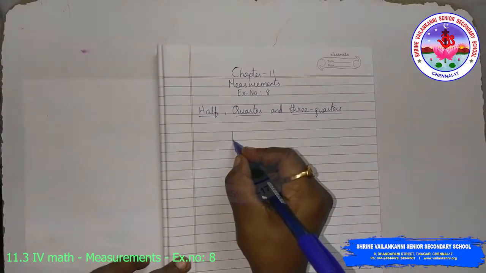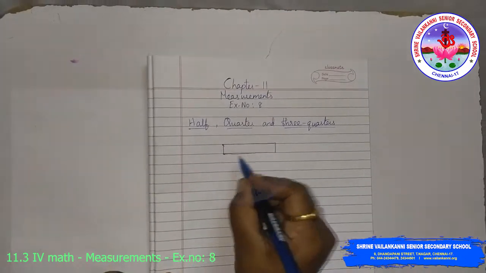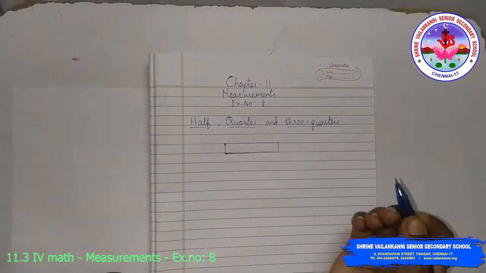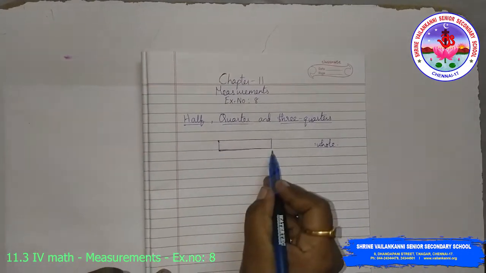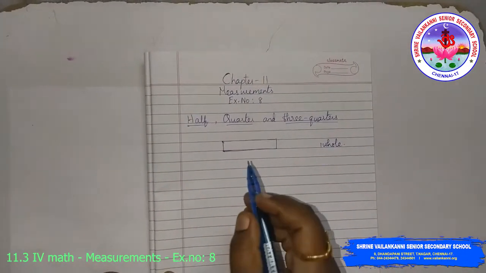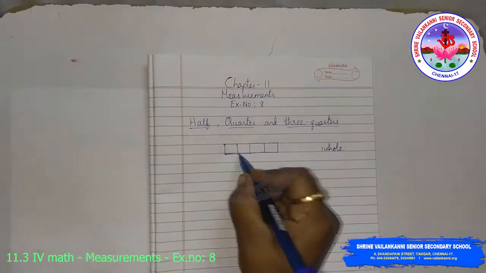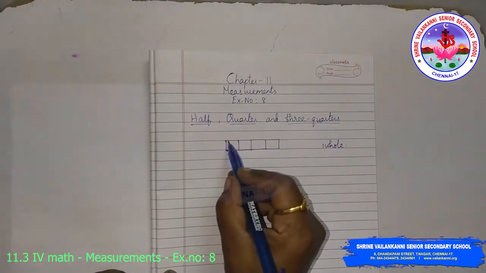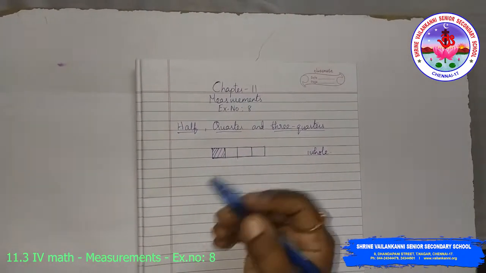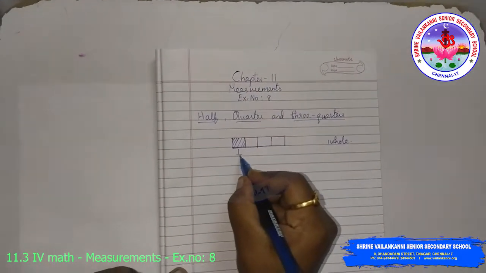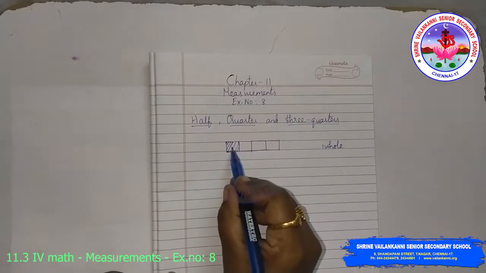Generally, for example, if I treat this figure as one whole, which is divided into 4 equal parts, and I take the first part, what will we say? 1/4, because there are 4 parts in total and this is one part.